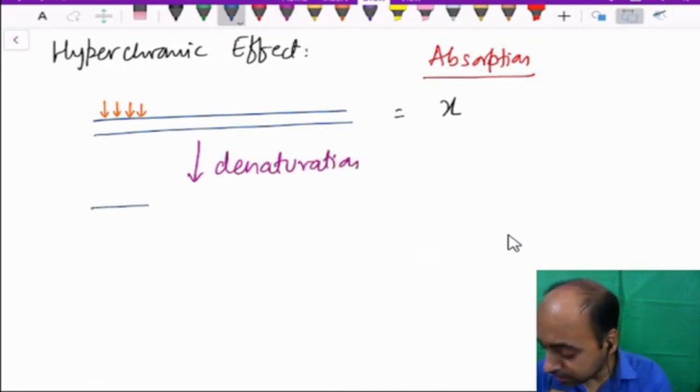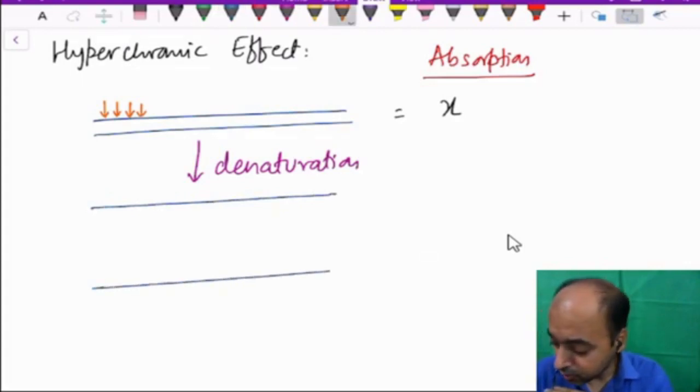The two strands are now separated, and now you measure the absorption.